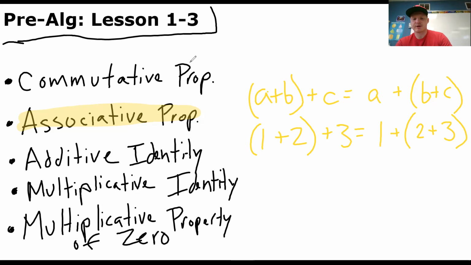So we start in the parentheses: 1 plus 2 gives us 3, and then we're left with plus 3, so that gives us 6. Let's make sure that equals the same thing on this side. We start with what's in the parentheses over here: 2 plus 3 gives me 5. Bring down my plus 1, and that gives us an answer of 6. So that shows us that the associative property of addition works.